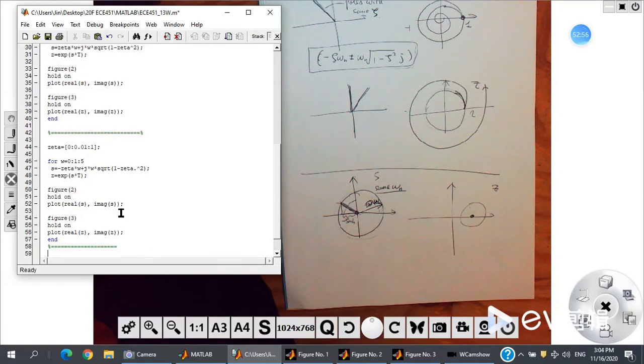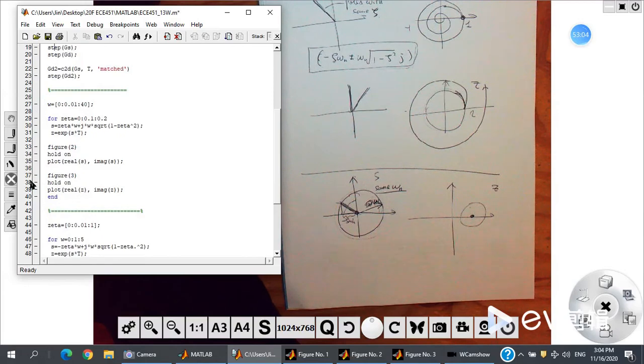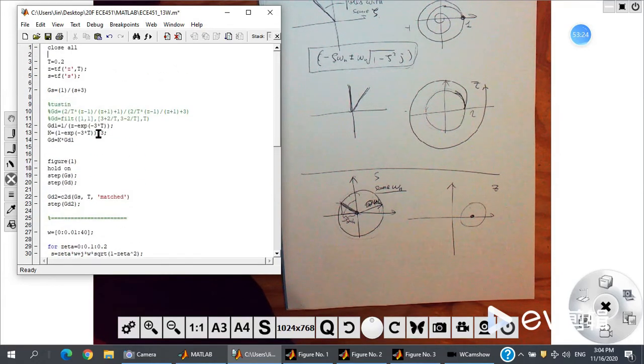Now, after running, I need to erase this one. I don't need this part. Otherwise, all the graphs will merge together. And in the beginning, close R. That'll be fine.